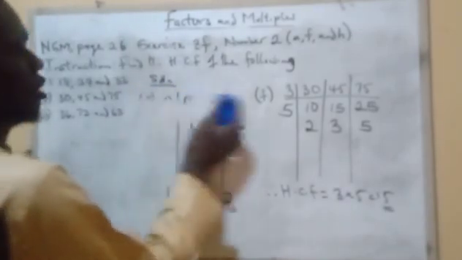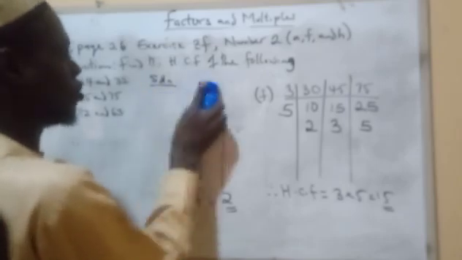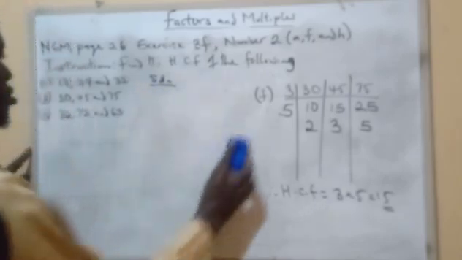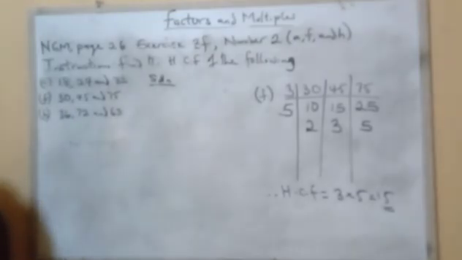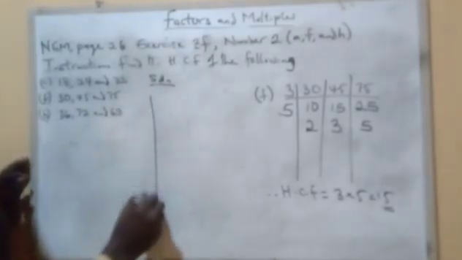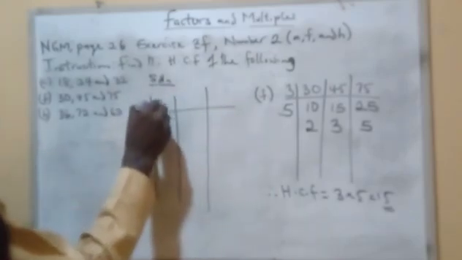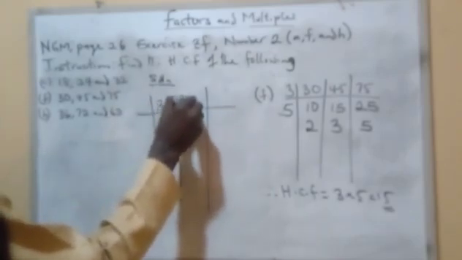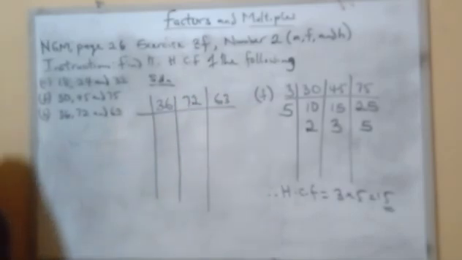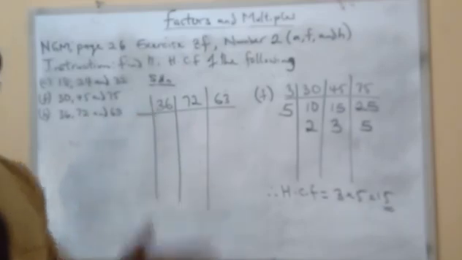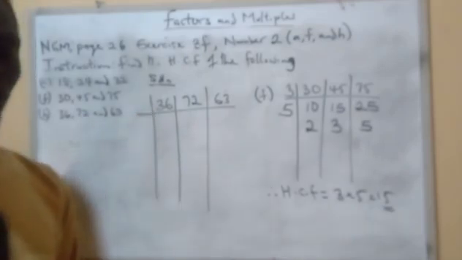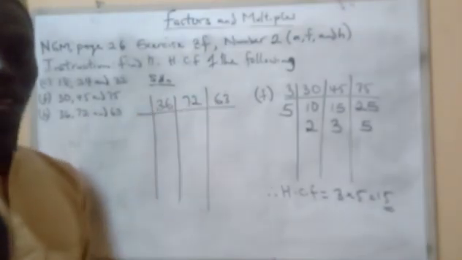So we move to the last part of the question, which is H. It has bigger numbers, but it is the same way we will use in solving it. So we don't need to be scared. What number can be used here? We dare not use 2 because 63 is there.